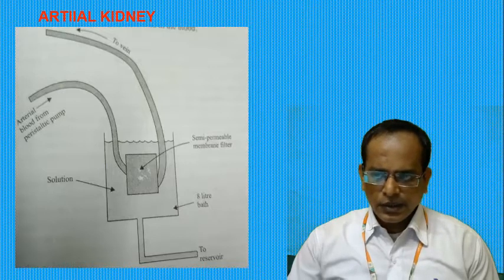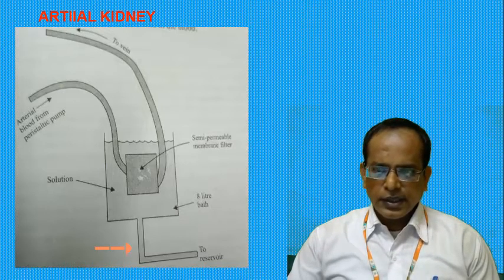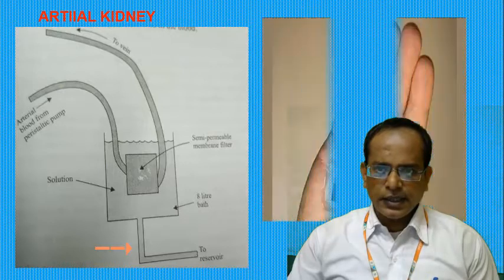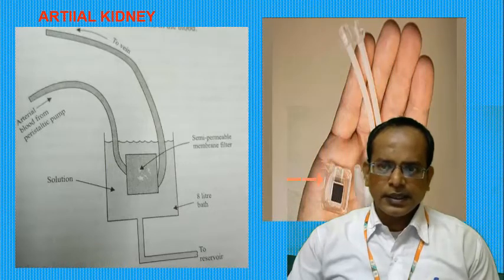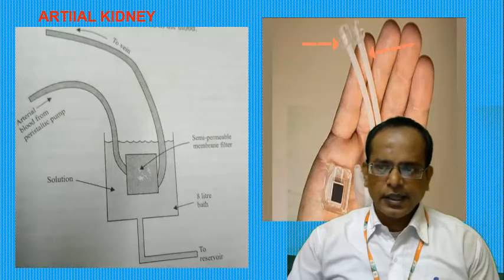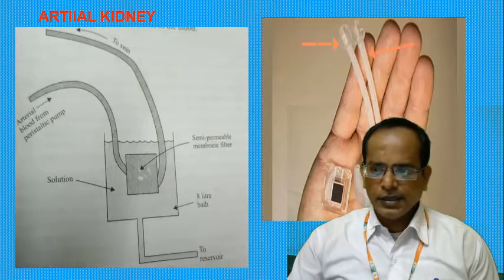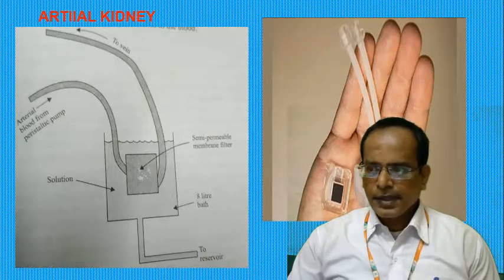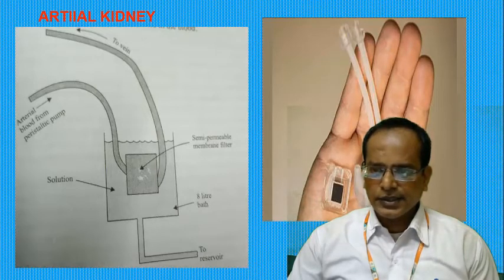Now we will see a smaller diagram. One tube is for connecting the vein, another tube is for connecting the artery. Both tubes together are called an AV shunt.